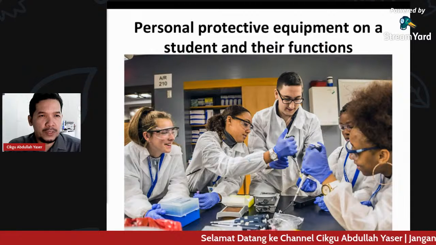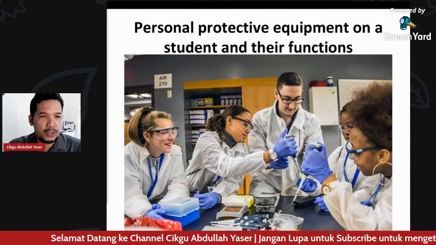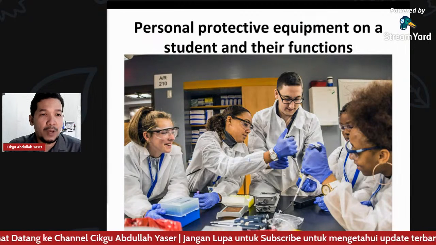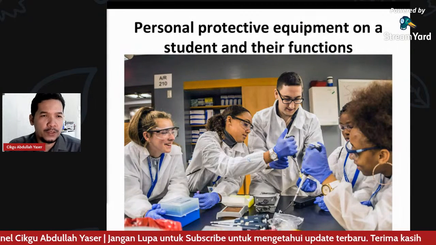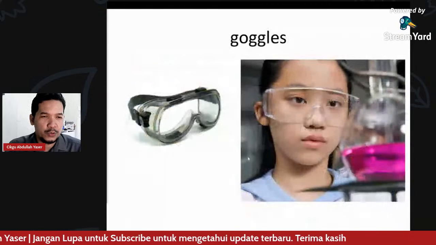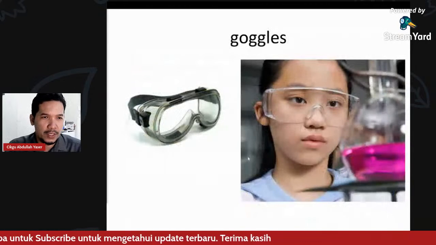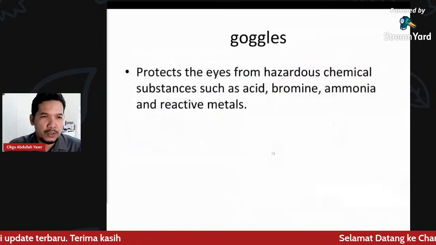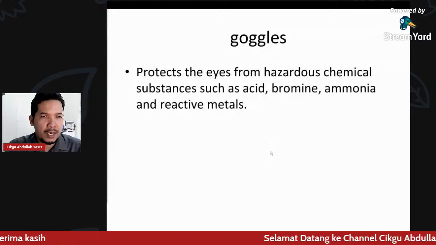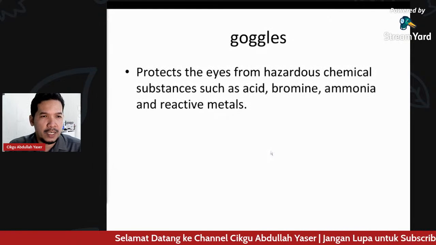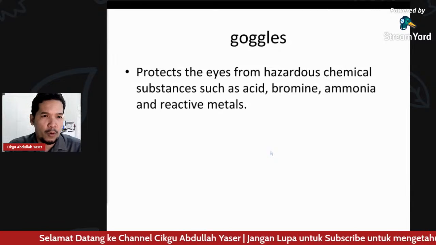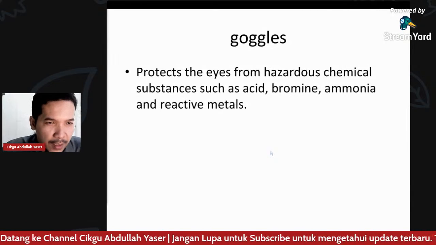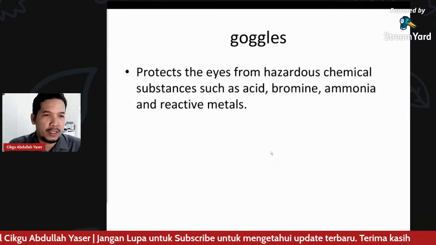And for personal protective equipment for students and their function, we can see one by one. The first one is this one. Students can use goggles. These goggles protect the eyes from hazardous chemical substances such as acid, bromide, ammonia, and reactive metals.